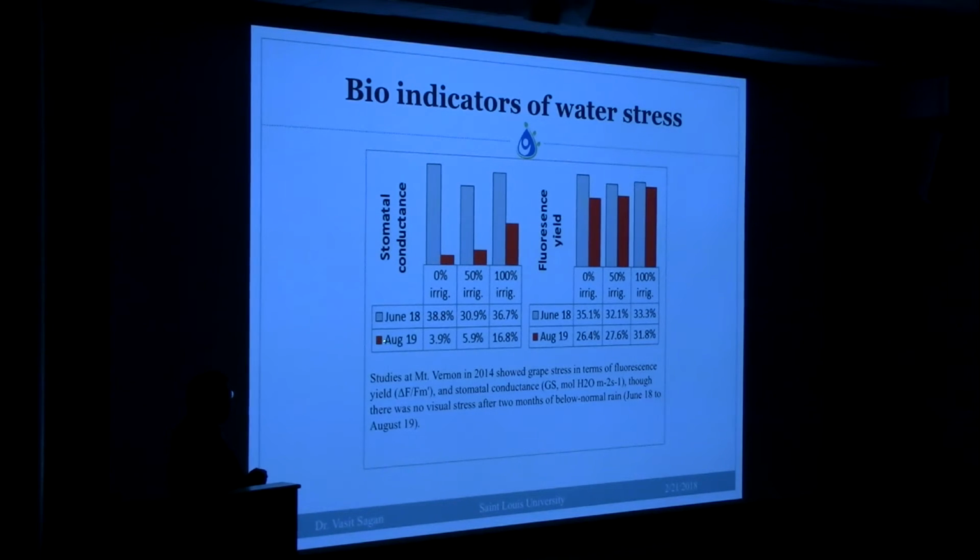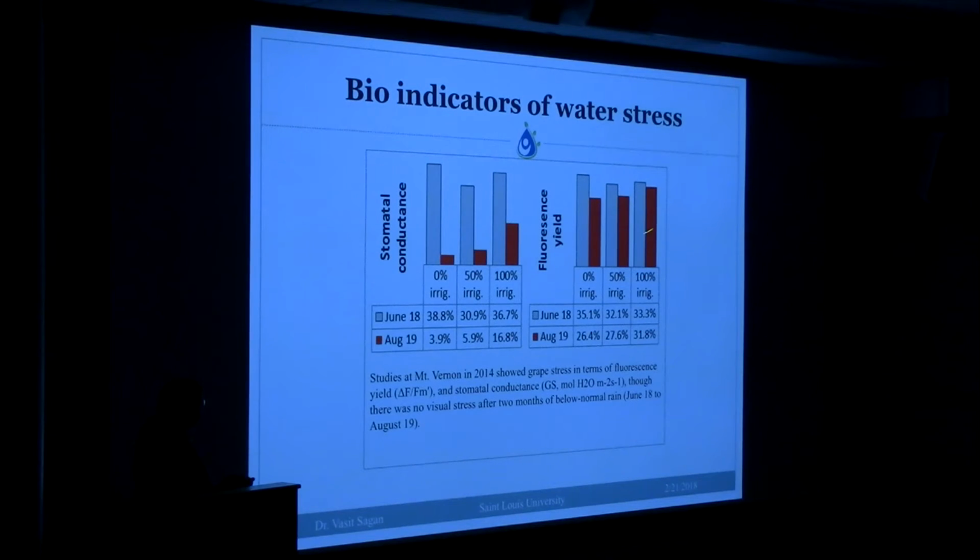But when it's stressed, we see a 4% change for the fully irrigated plants, and with 50% irrigation, we see about 6% change, and then almost 17% change for no irrigation. So basically, the less irrigated plants have very small stomatal conductance after being exposed to water stress.